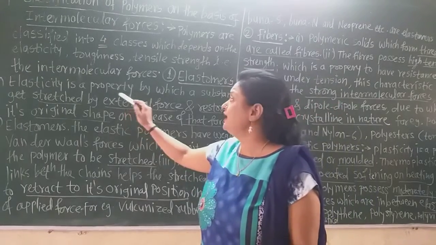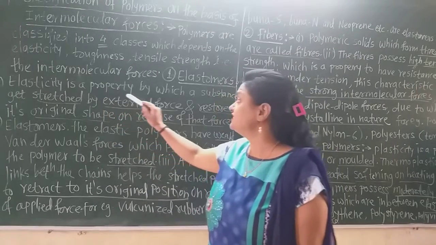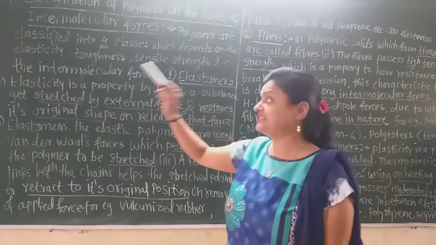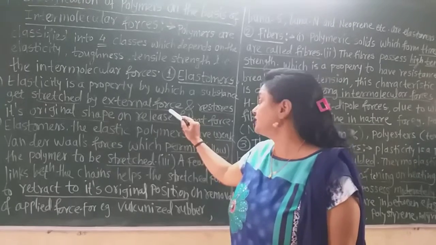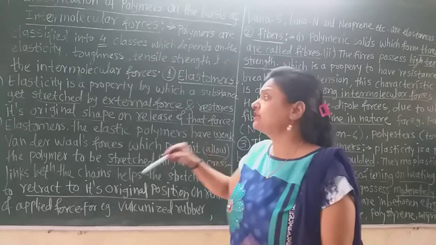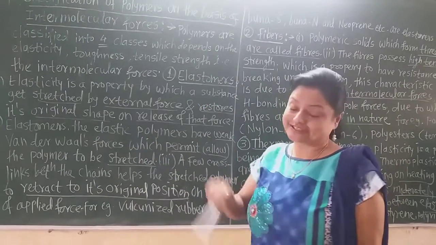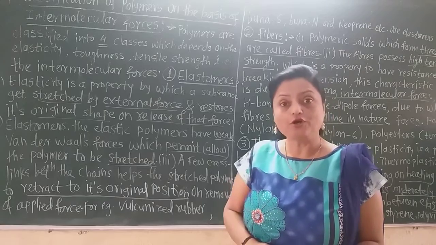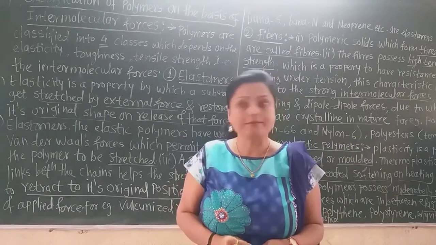Elasticity is the main property of these polymers. Elasticity is the property by which a substance gets stretched by an applied force and restores its original shape on release of that force.